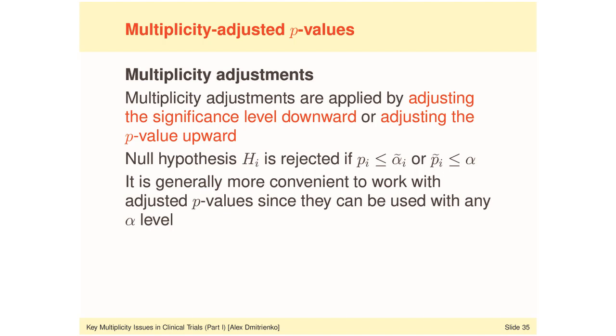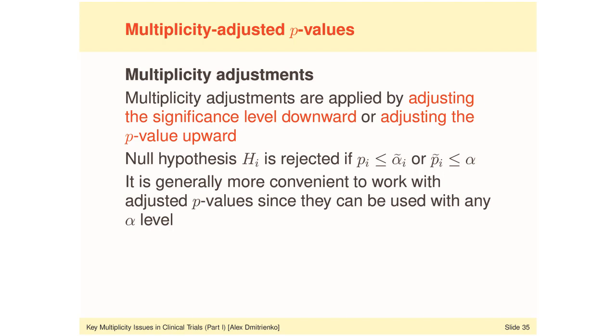The idea behind any multiplicity adjustment, as we've said several times before, is that we modify decision rules for the individual null hypotheses. We accomplish this by adjusting the significance levels, or by adjusting the p-values, or by adjusting the confidence limits. These are the three ways of performing or presenting multiplicity adjustments.